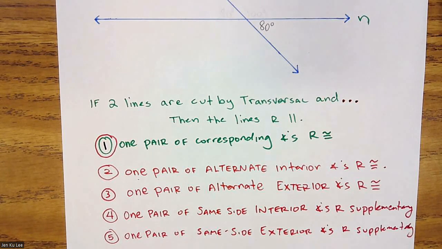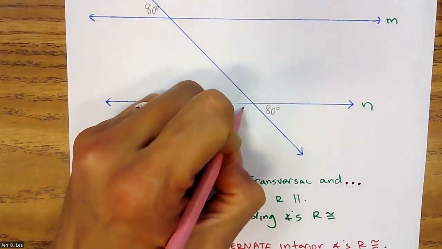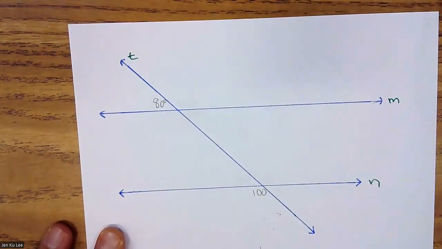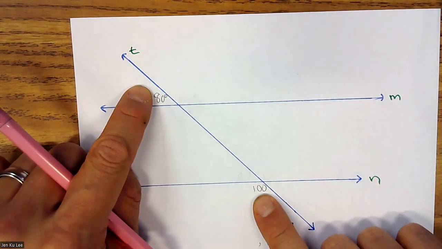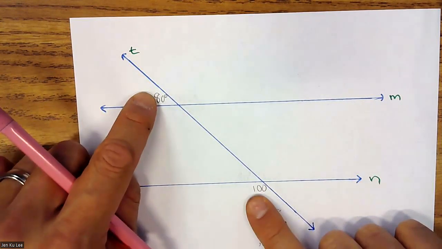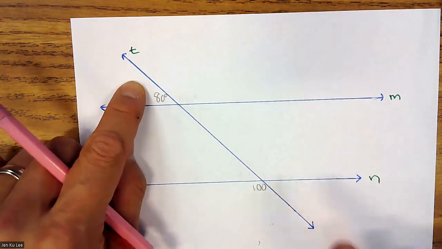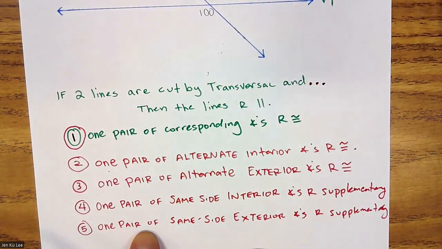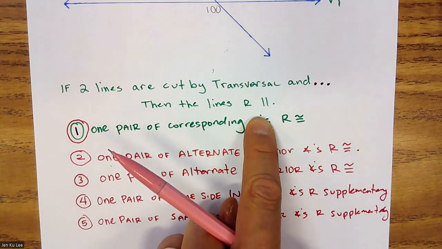Showing you both, if this is your picture here, this is 80 and this is 100. They're same side exterior angles and they add up to 180. So your reasoning is if two lines are cut by a transversal and one pair of same side exterior angles are supplementary, then the lines are parallel.